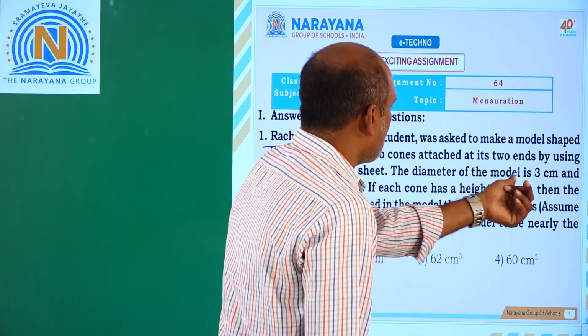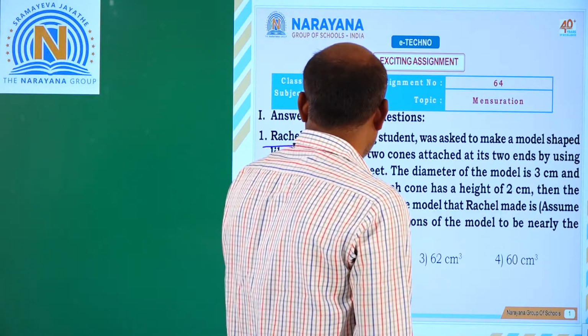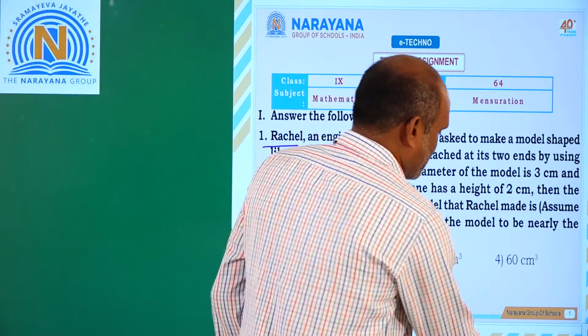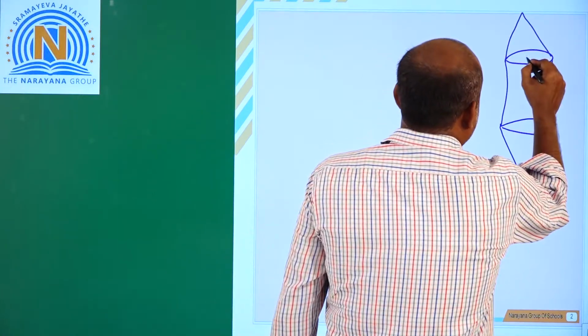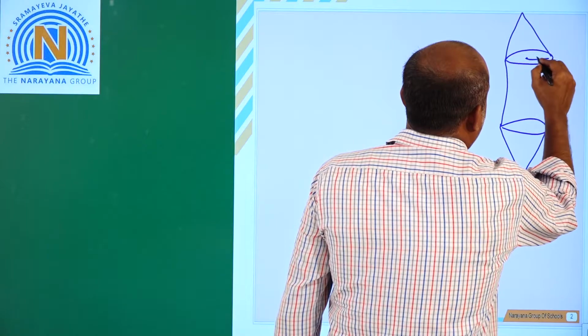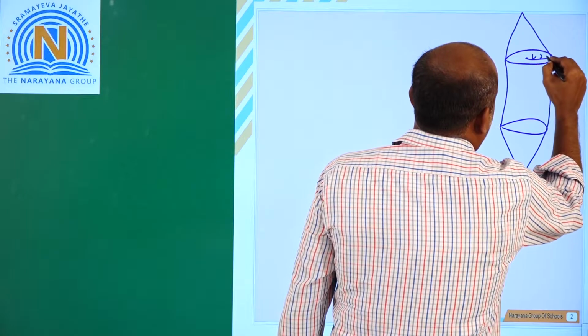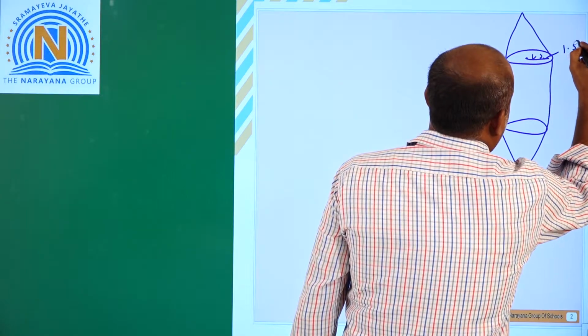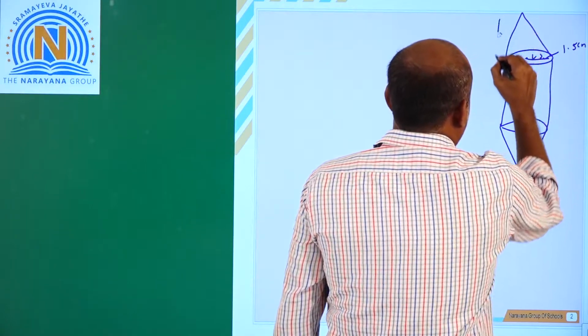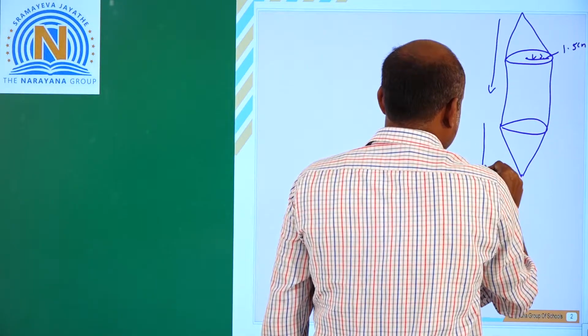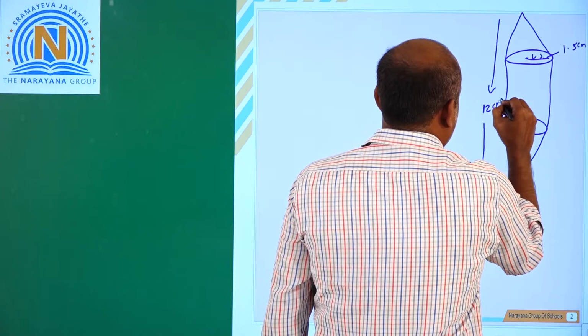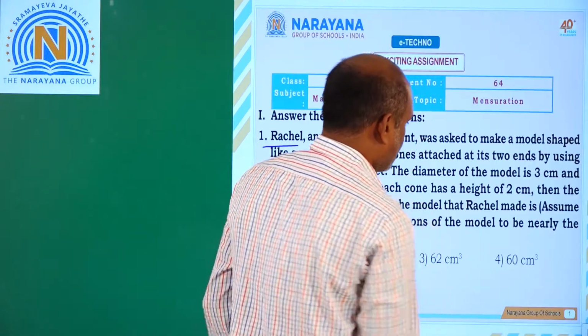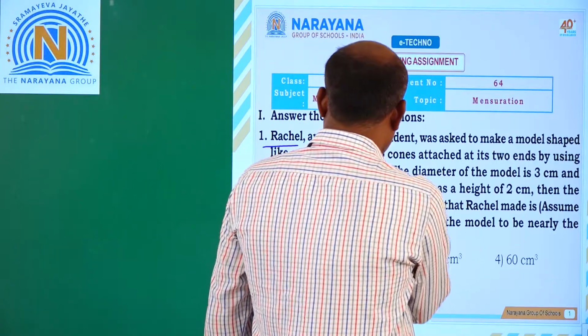The diameter of the model is 3 centimeters and its length is 12 centimeters. So diameter is 3 centimeters means radius is 1.5 centimeter, and total height is 12 centimeters.